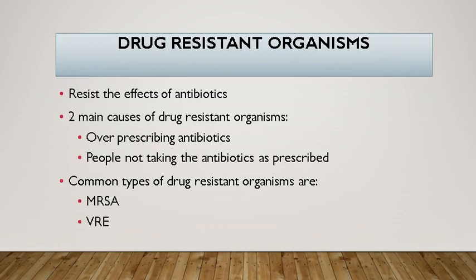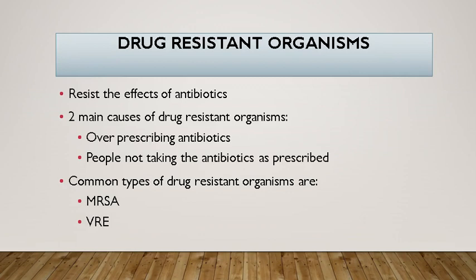Drug-resistant organisms are microorganisms, mostly bacteria, that are resistant to one or more antibiotic treatments. The main reason for this includes the overprescribing of antibiotics and people not finishing their whole course of treatment, instead saving them for later.